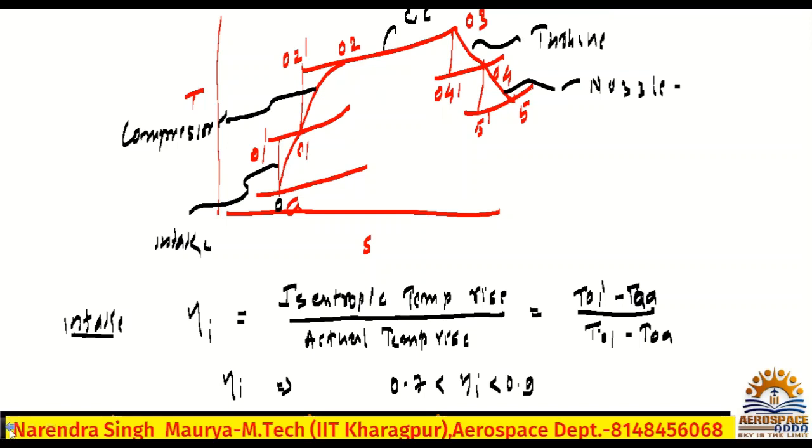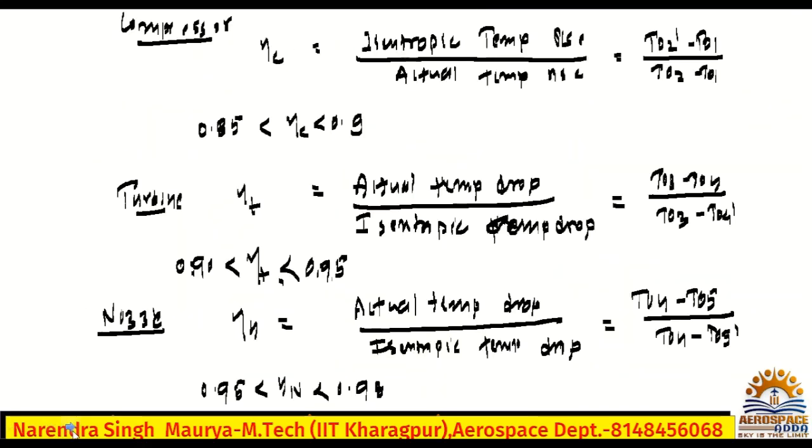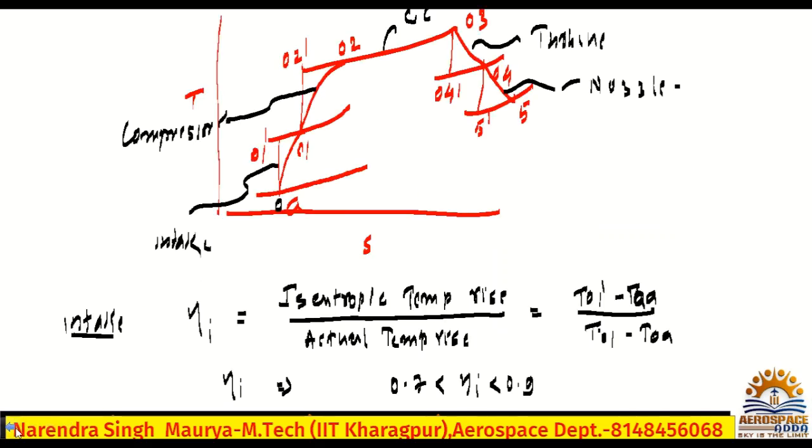So now we'll go for this value. 0.98 is nozzle, and actually, wait, because nozzle and diffuser are non-rotatory parts also. Okay, so let me correct this value here. I have made a mistake.